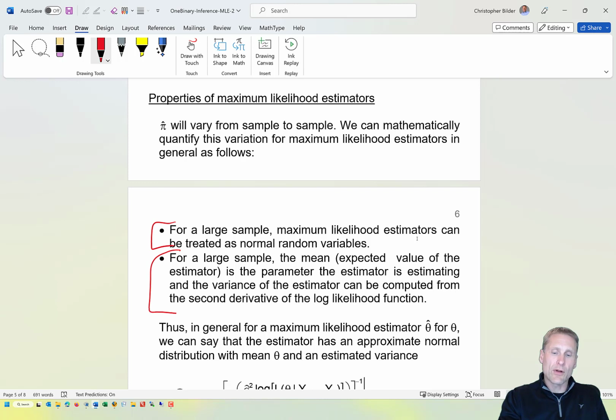Also, for a large sample, the expected value of our estimator, in other words the mean, is the parameter that you're trying to estimate. That's great. What I expect pi hat to be on average for a large sample should be approximately equal to the true value of pi, the true probability of success in the population. I also will have a way to get the variance of this estimator.